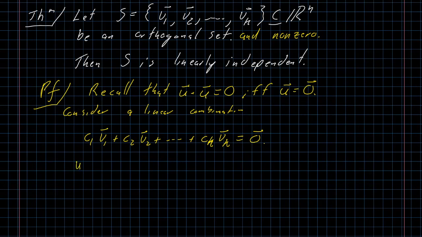So what we want to show is that C1, C2, all the way down through to CK are all the constant 0.